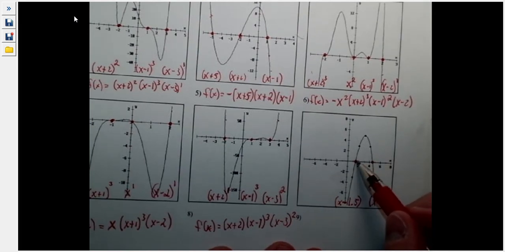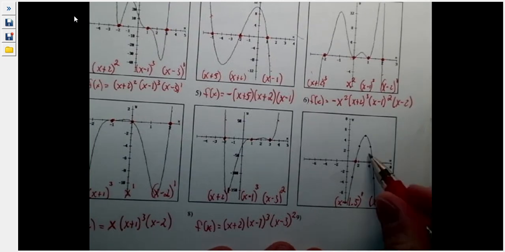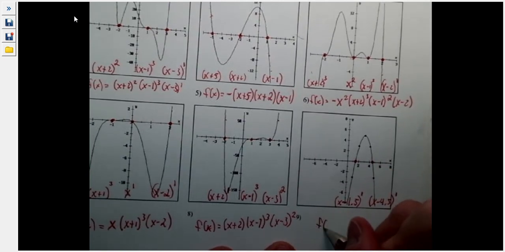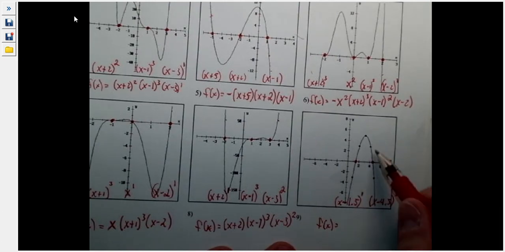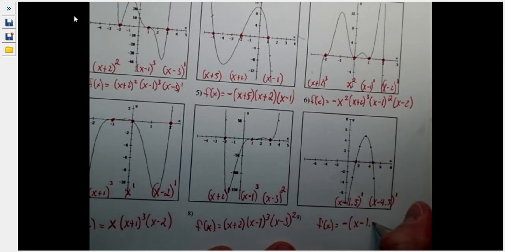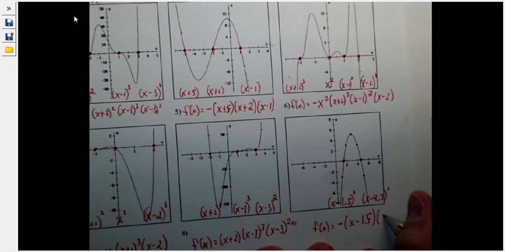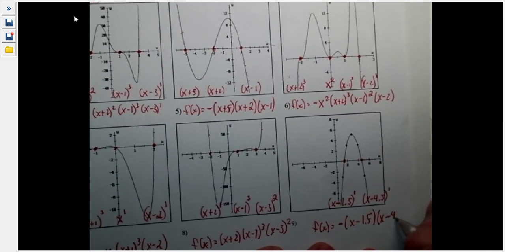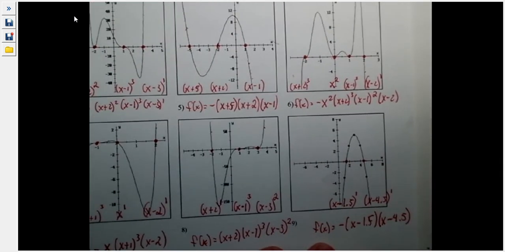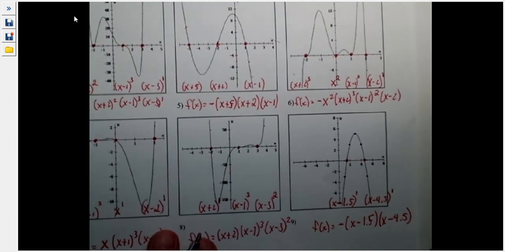But you can see that this one crosses through linearly, and this one crosses through linearly. So my f of x. Now this is obviously even. It is a parabola that opens down, so we know my lead coefficient is negative. x minus 1.5 times x minus 4.5. And that's all there is to it.